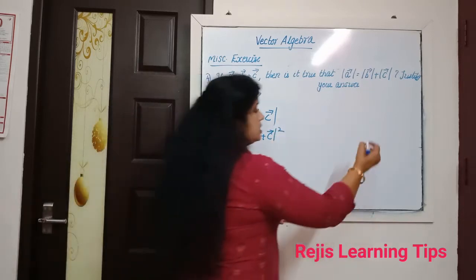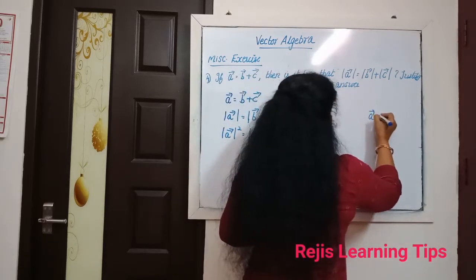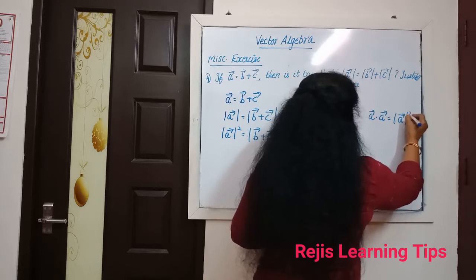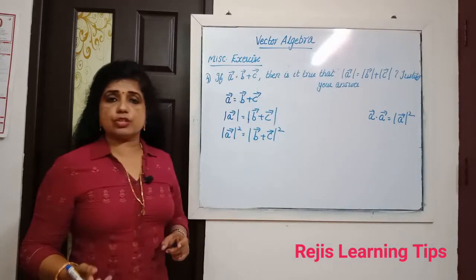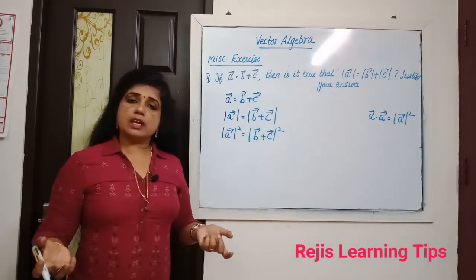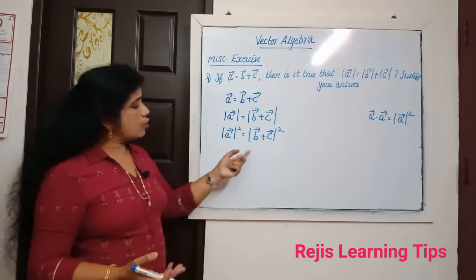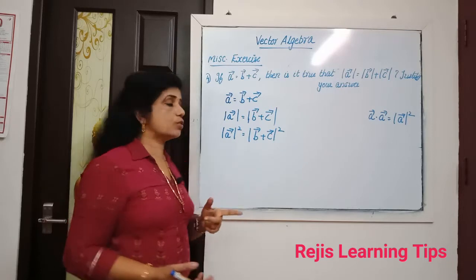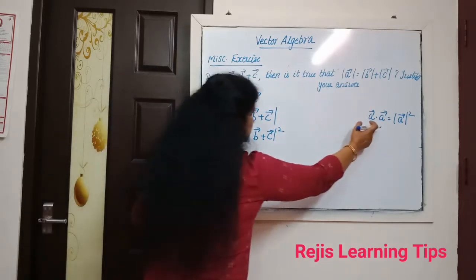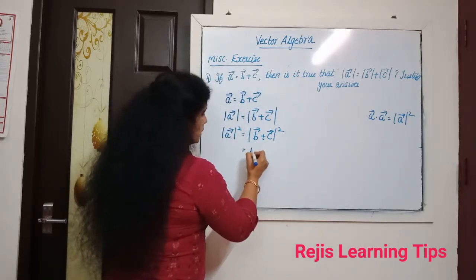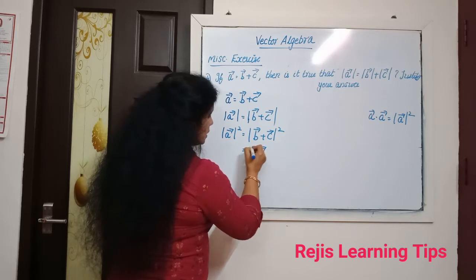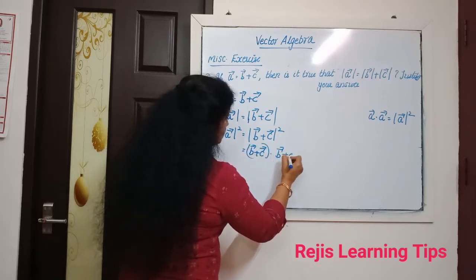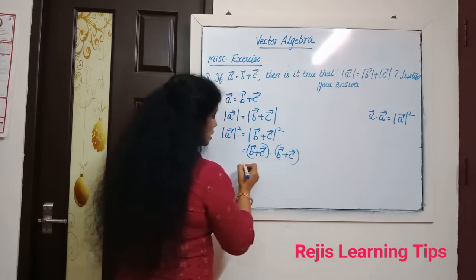You know that vector A dot A is equal to modulus of vector A square. Here also, magnitude of B plus C the whole square we can write as B plus C dot B plus C. Am I correct?